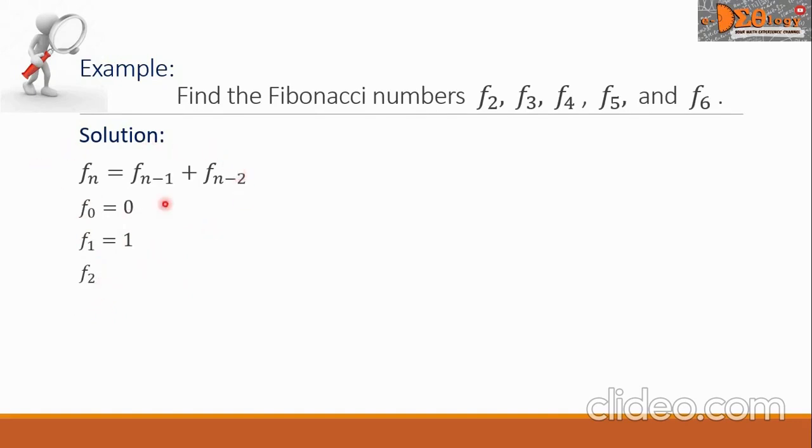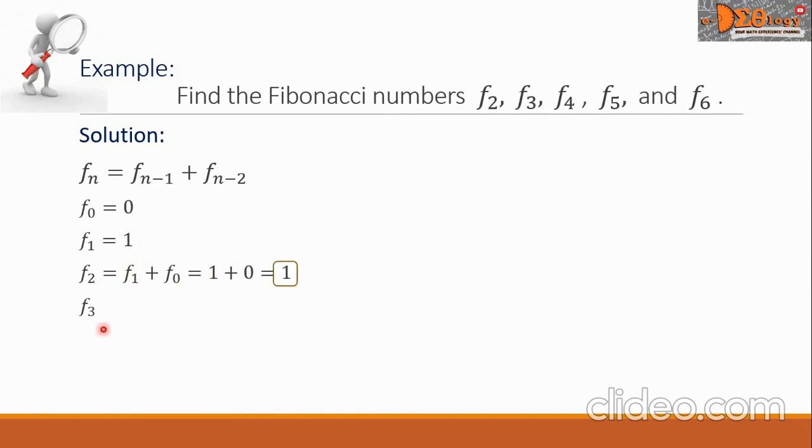So, corresponding to our formula, this is equal to f sub 1 plus f sub 0. Substituting the values, f sub 1 is 1 plus f sub 0 is 0, and the sum is 1. This is f sub 2.